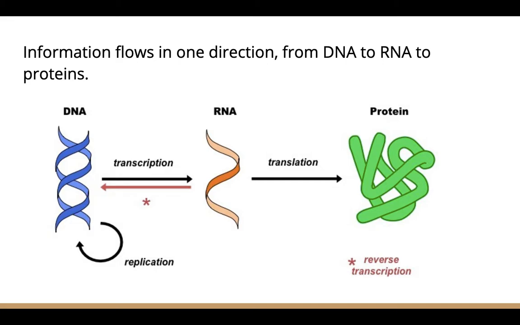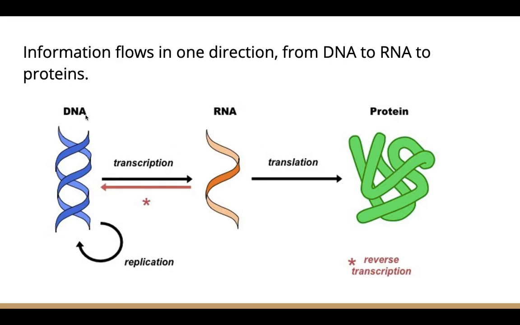In order to take the information in DNA that tells us how to make this protein and actually make the protein, we first have to code the information as a kind of intermediate form, or like a middleman form, which is known as RNA. In other words, the information cannot be used directly in DNA to make protein.